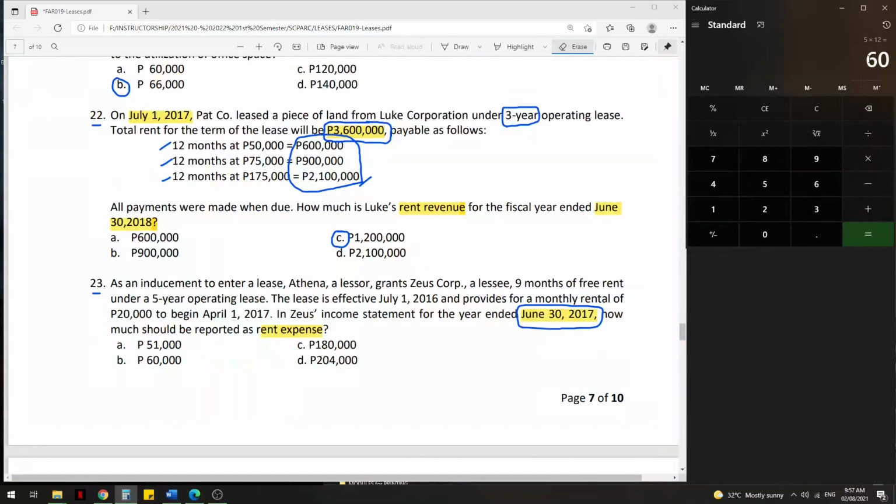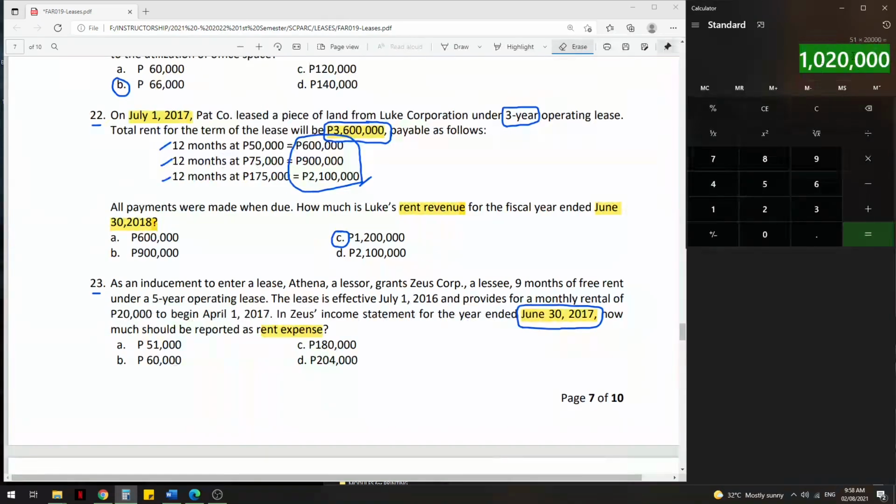However, of that 60 months, we don't need to pay rental for 9 months. So, minus 9 tayo. In short, we will only be paying for 51 months of 20,000. So, if I would multiply the 51 months times the 20,000, I will arrive at an amount equal to 1,020,000. Ano yung 1,020,000 na yan? That is the expected total rental payments that I will be paying under this lease term.